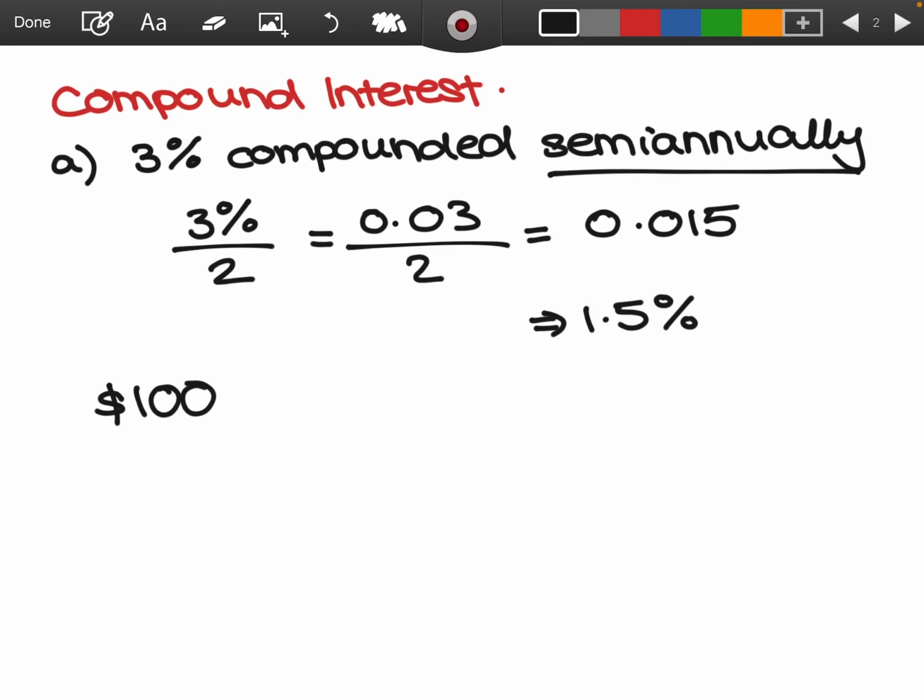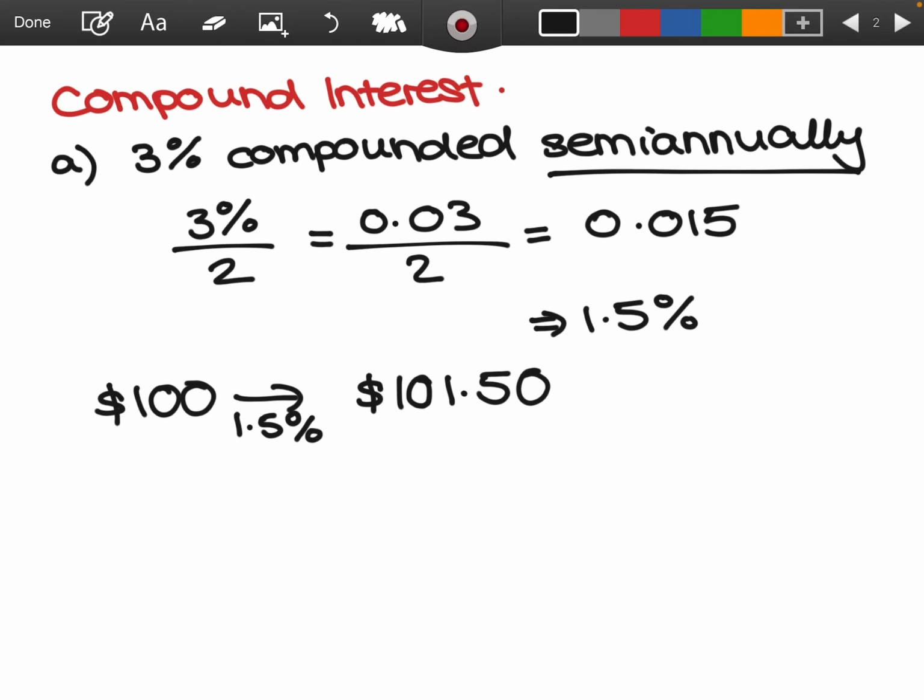So that would give me 1.5% for each period that it's compounded. So after the first 6 months, I'm going to accrue 1.5% interest, which on my $100 would be $1.50. So now my value after 6 months is going to be $101.50.